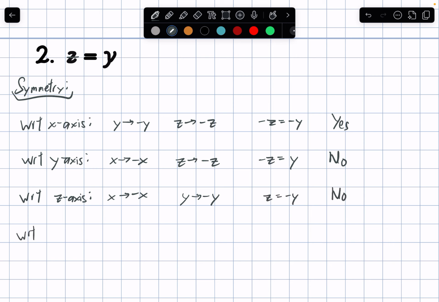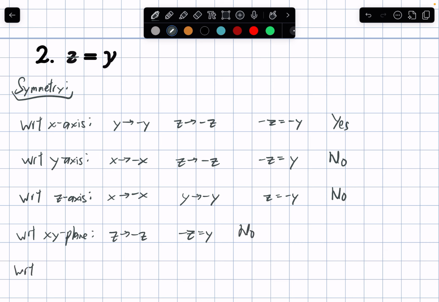Nope. With respect to the xy plane, z becomes negative z.